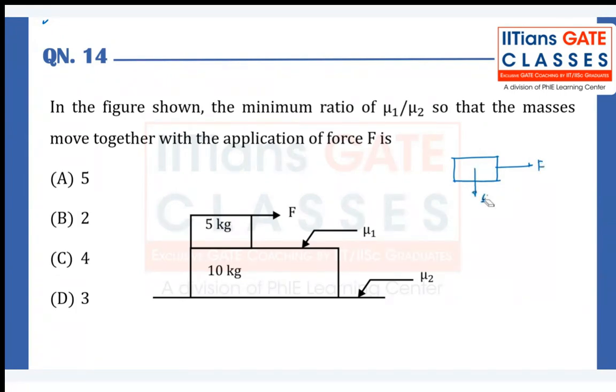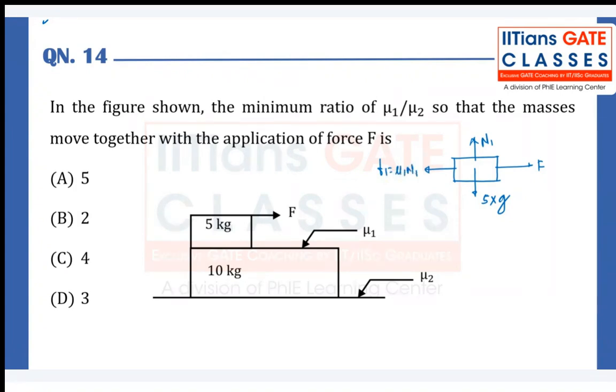The weight is 5 kg, so 5 into g is acting in downward direction. We have a normal reaction since it is kept on the surface of another block. So let's call it N1, and we have the frictional force because there is a coefficient of friction mu1 in between the 5 kg and 10 kg block. So mu1 N1 is the frictional force.